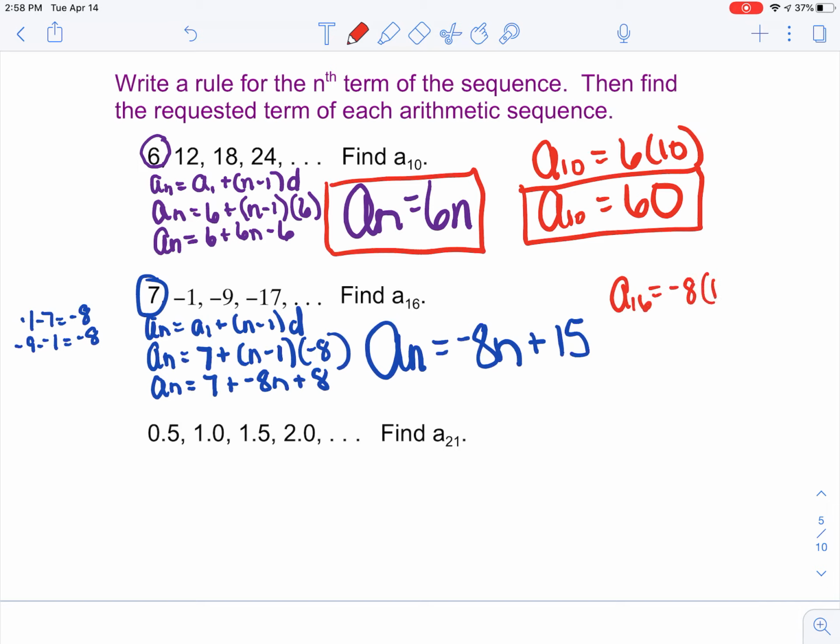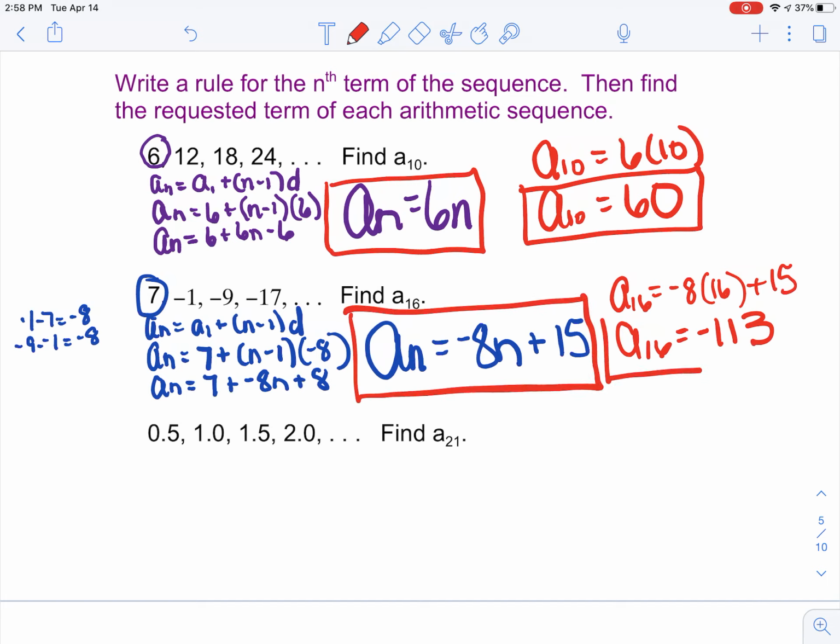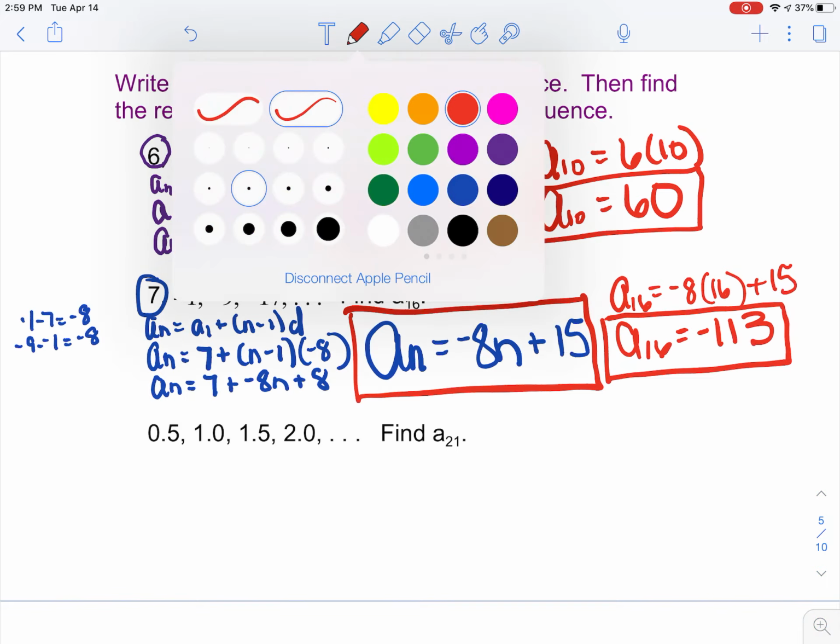So A sub 16 equals negative 8 times 16 plus 15. A sub 16 turns out to be negative 113. So here is my rule, and here is the 16th term of that sequence.